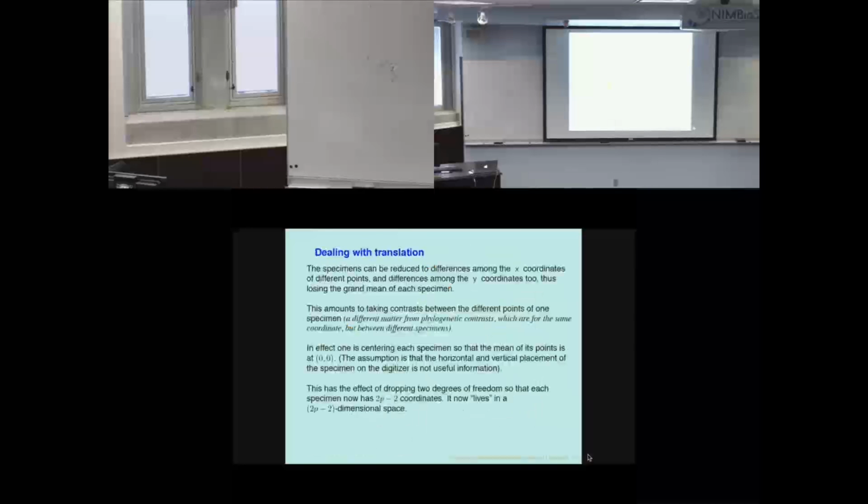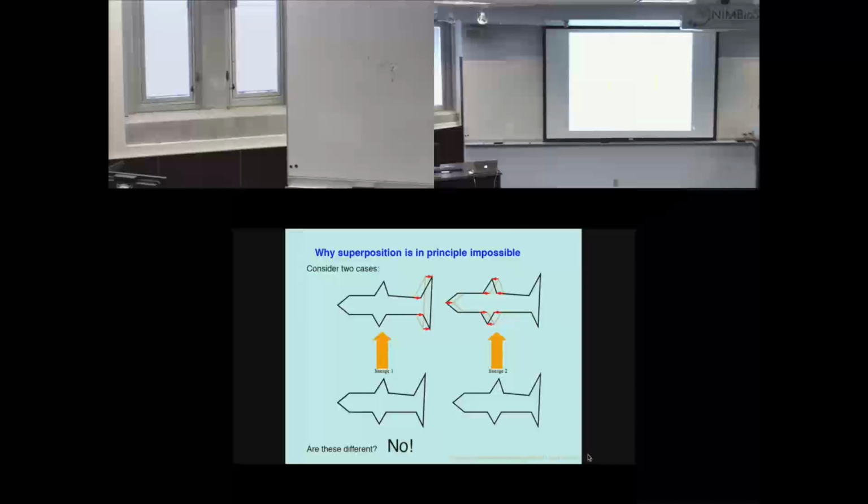what they really mean is that the absolute locations of these don't matter. What matters is how far it is from this horizontally, from this landmark to that landmark and from this one to that one. The horizontal differences or the vertical differences are meaningful, but the coordinate locations themselves are not meaningful.